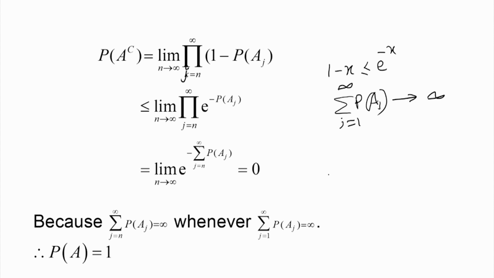That means what we have established is that the probability of limsup of A_n as n tends to infinity is equal to 1.